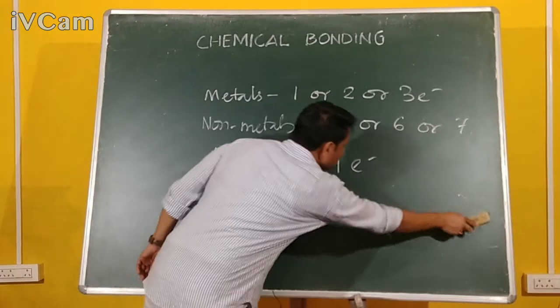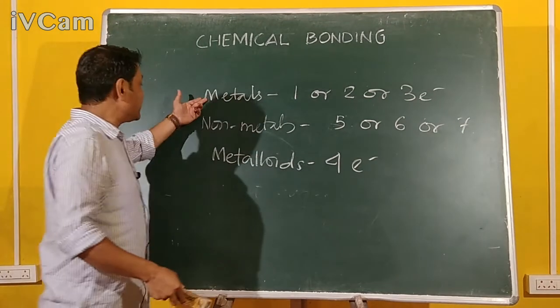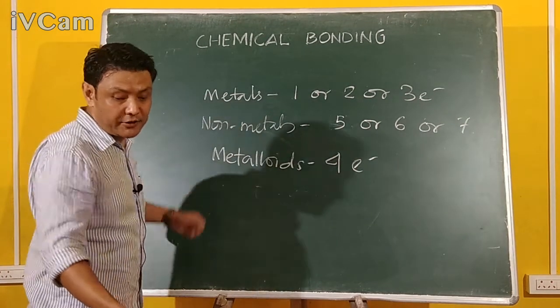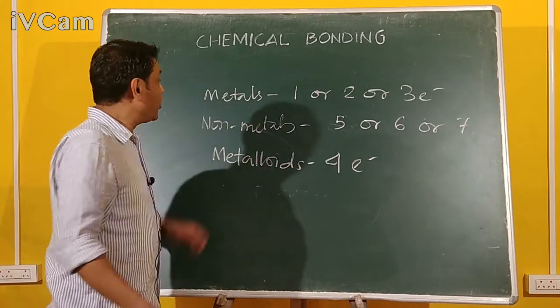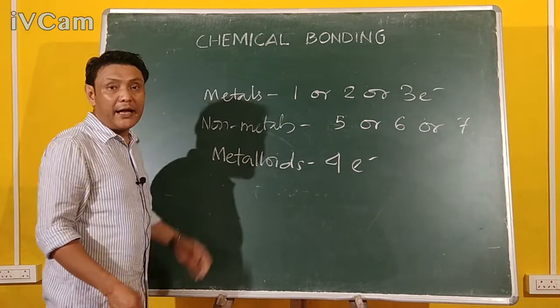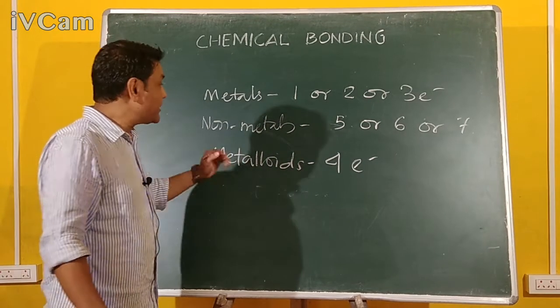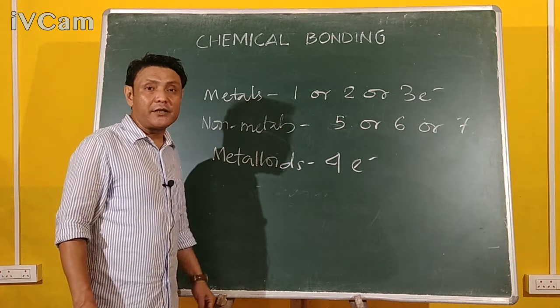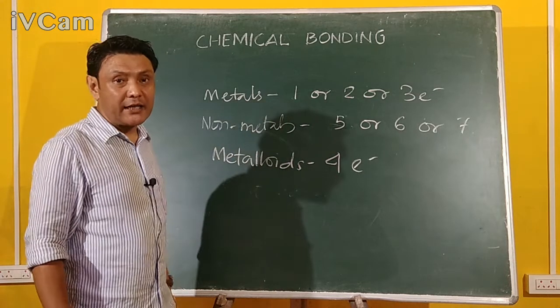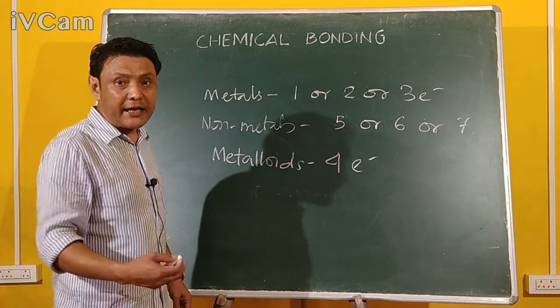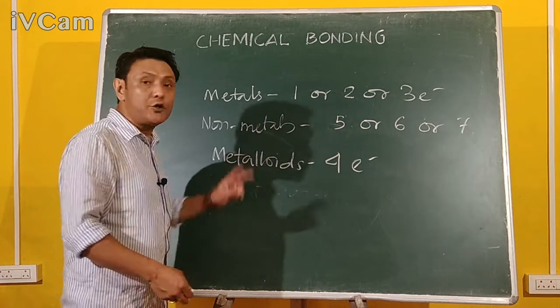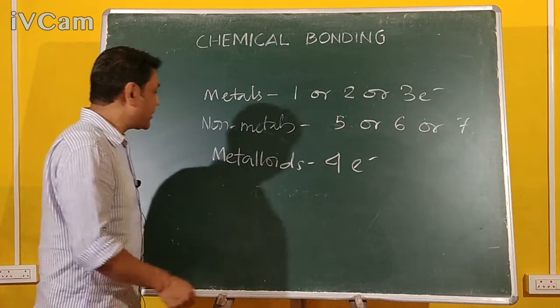When we talk about the metals, the non-metals, and the metalloids, we have unstable electronic configuration. Stable electronic configuration means having 8 electrons in the outermost shell, or in the case of hydrogen or helium, 2 electrons in the outermost shell.